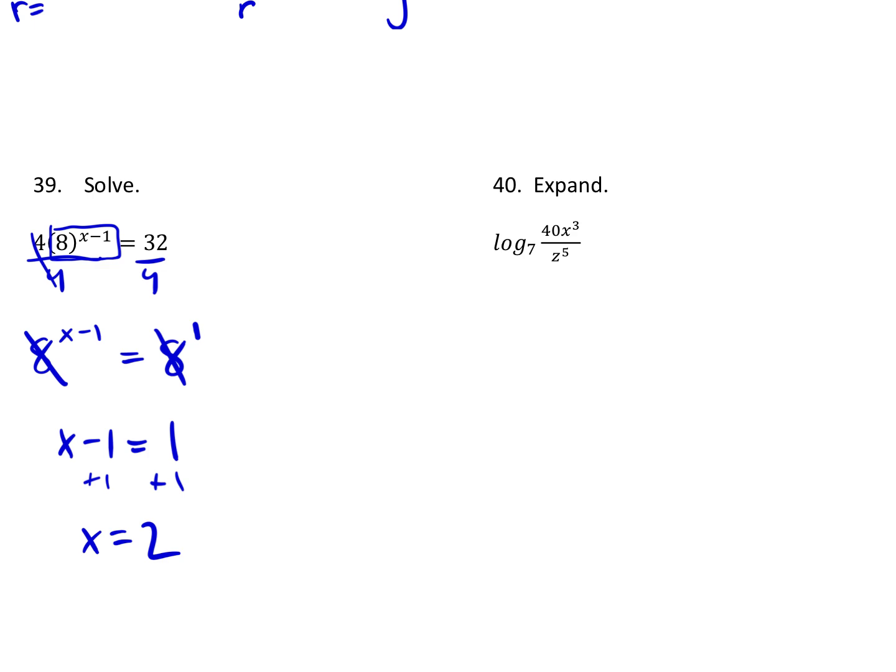40, we're expanding our log. So every time we break it apart, each one needs its own log. So log base 7 of 40 x cubed. I'm just going to do one step at a time. What goes with the division? Subtraction goes with division. So subtract log base 7 of z to the 5th power. Here, I'm multiplying 40 times x cubed. What goes with multiplication?